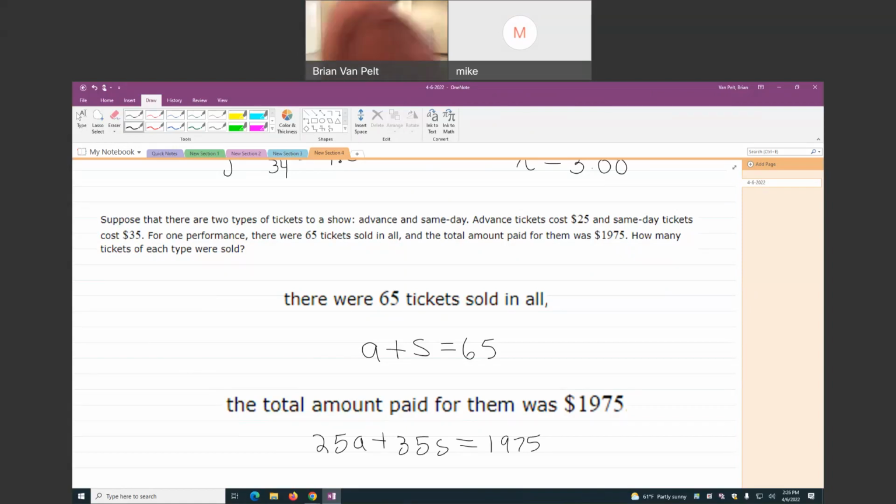Do you guys understand where I got that before I walk away from it? Each A costs $25. Each S costs $35. They're talking about the total amount of money made. That's why the 1975 was appropriate.